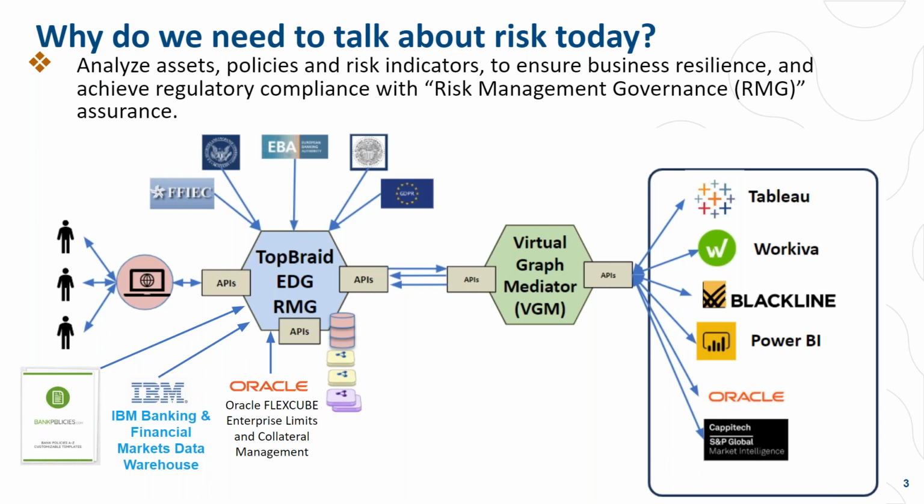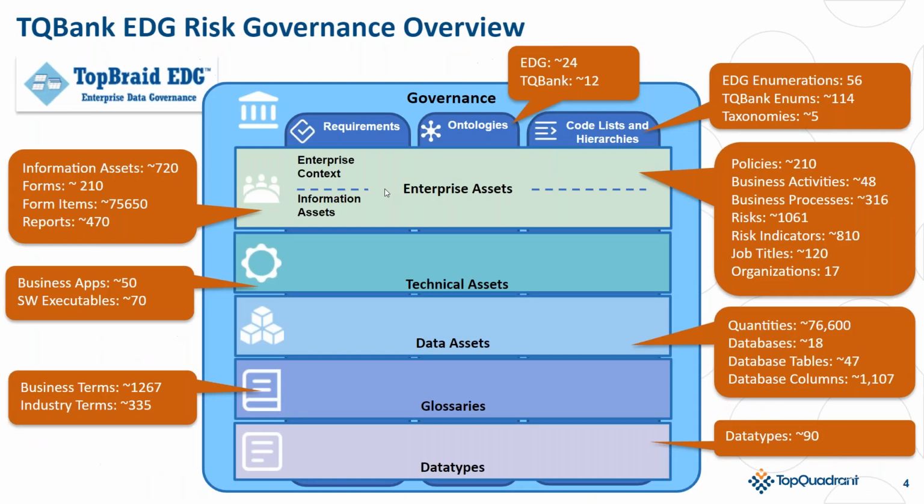We're pulling that information in, applying an ontological layer over top of that, and allowing us, using a virtual graph mediator, to pull the actual instance data to build this risk management governance model. Before I go too deep, I want to talk a little bit about the different types of elements, and then I'm going to have Ralph demonstrate what exactly we are doing within TopBraid EDG.